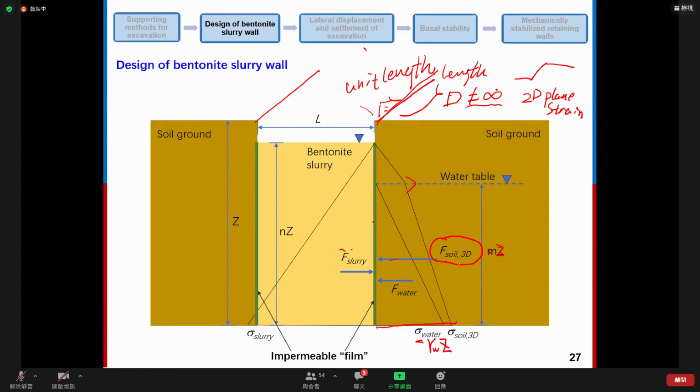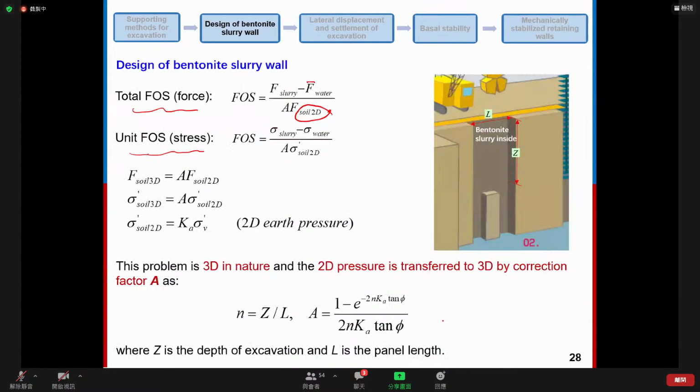So that's why we distinguish the F soil 3D or sigma soil 3D. But here, for simplification, we convert the 3D condition into 2D condition by considering a factor A.